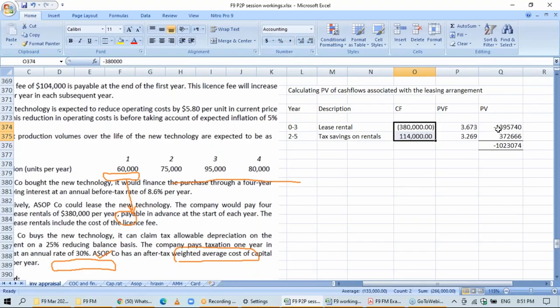Okay, now let me tell you how I got the annuity fraction. So the annuity fraction, when n is from 0 till 3, 0 till 3 years.